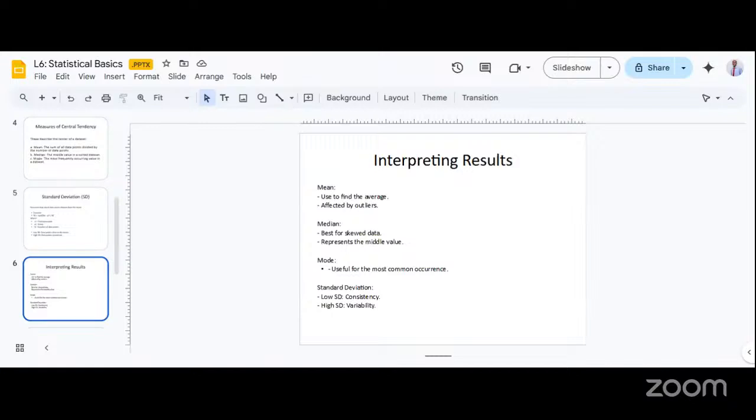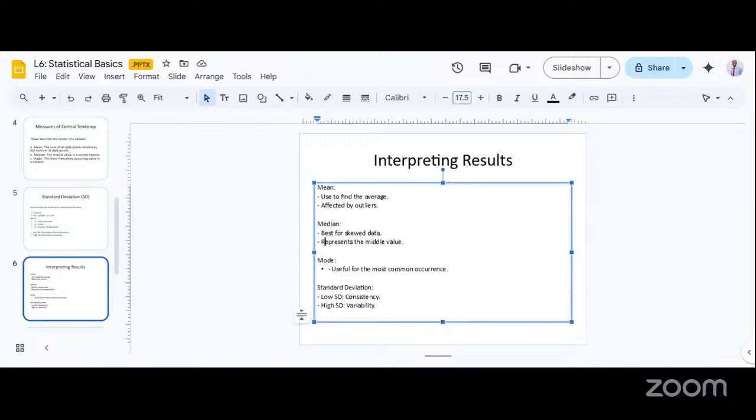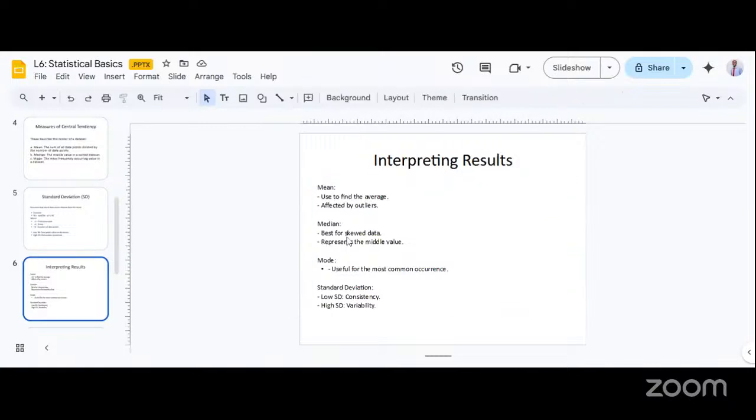Then there are situations where you use median: you use median when you found out that the data is skewed, meaning that it has outliers that would skew the direction of the central tendency. So it best represents the middle value in a situation where the data is skewed.